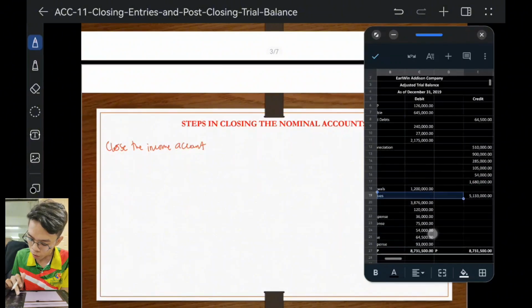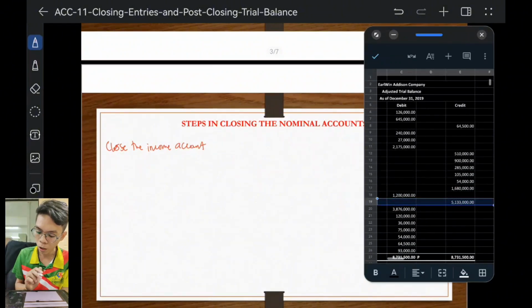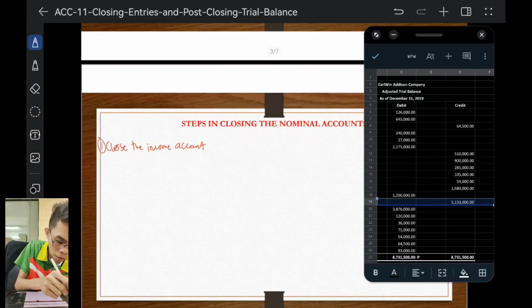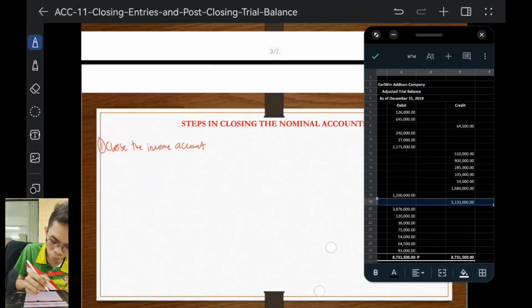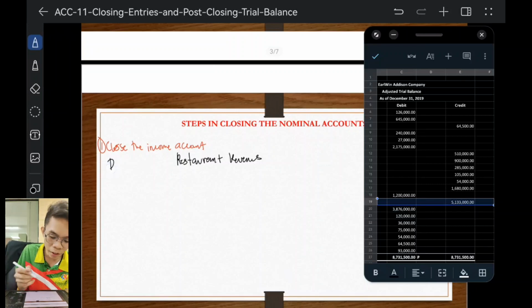Restaurant revenues is 5,133,000. So we will debit restaurant revenues. The first one, let me use a different color here, the black one. So we have here debit restaurant revenues. The date is December 31. Let's say for example, the date is December 31.